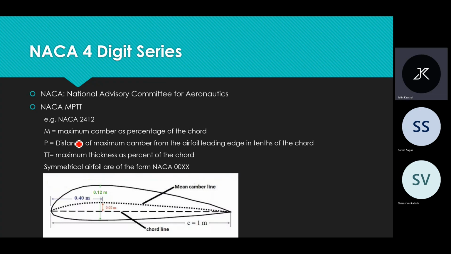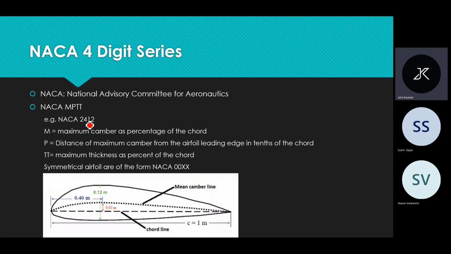In this diagram, the chord line is 1 meter and this camber is 0.02 meter. It is the maximum camber, so it is 2%. So M will be our 2, NACA 2. P is the distance of maximum camber from the airfoil leading edge in tenths of the chord. In tenths of the chord, because it's 1 meter, it will be 0.4.